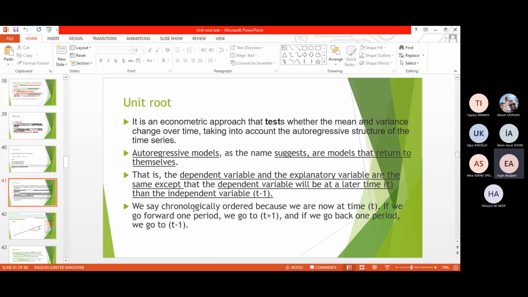We say chronologically ordered because we are now at time t. If we go forward one period, we go to t+1, and if we go back one period, we go to t-1. Either way, we expect similar impact on the estimated parameters, which is also important for the autoregressive model.